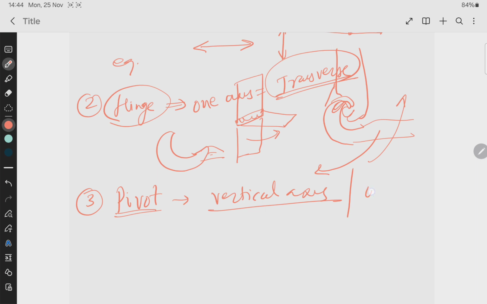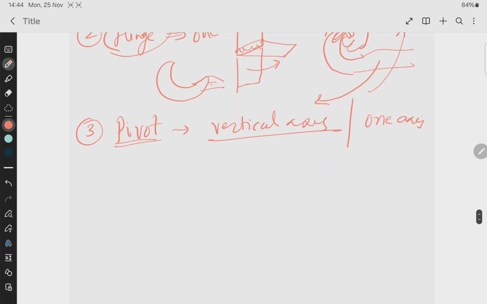Movement occurs at one axis only, and that axis is vertical, in which there is one process, and around it another bone or ring is there, and that rotates around, so rotatory movements occur. The articular surface of one bone is a rounded structure which fits into the cavity of another bone, that is an osseo-ligamentous ring.